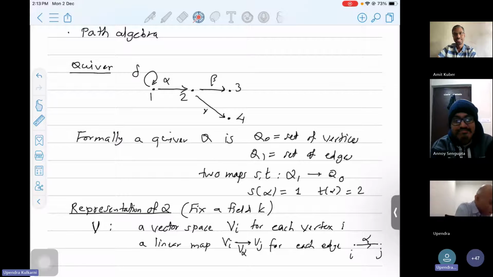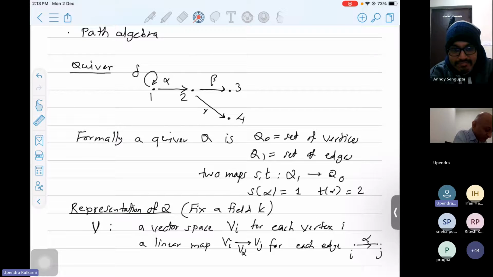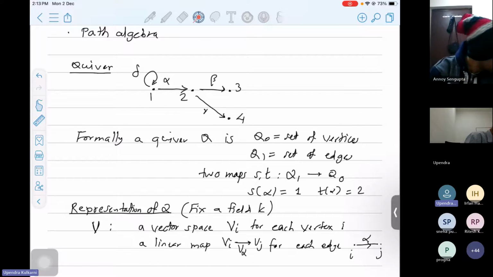So for every arrow, there is going to be a map in the correct direction between the respective vector spaces. So notice in particular for this delta, this is going to be an endomorphism of the vector space V1. Just an observation. All right. So let's go on. Still nothing particularly exciting.